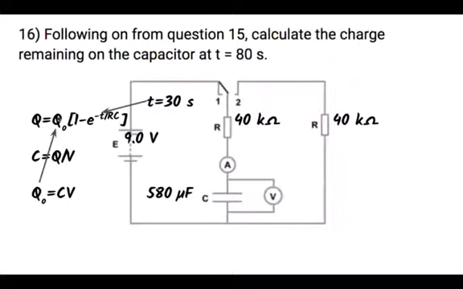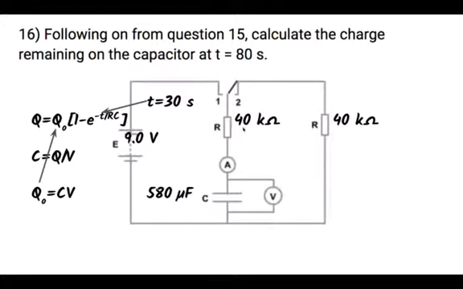The time is going to be 30 seconds because we're only going to have the switch in position 1 for the first 30 seconds, and the resistance is only going to be one of these. There's only one resistor in the charging circuit, so resistance in this equation is going to be 40 kiloohms and the capacitance 580 microfarads.